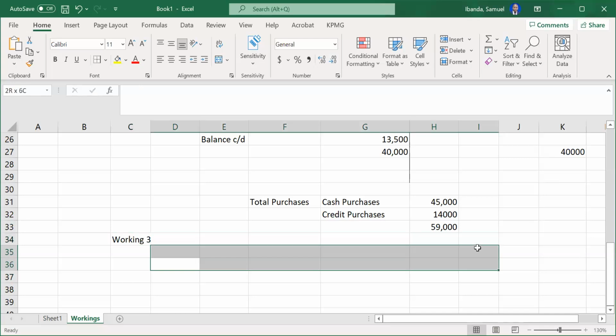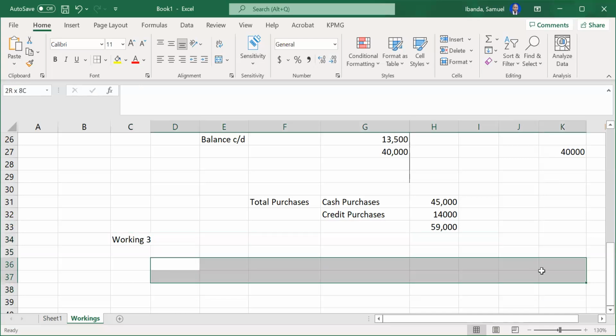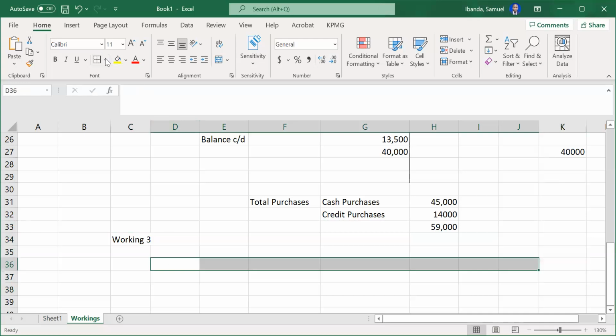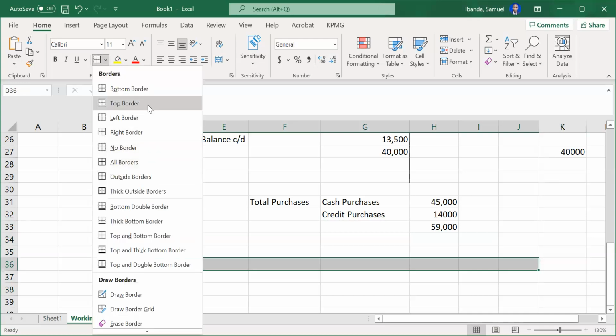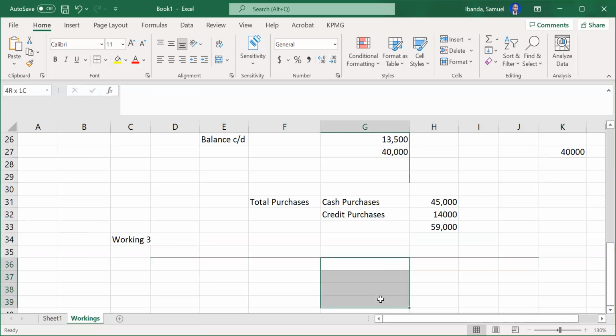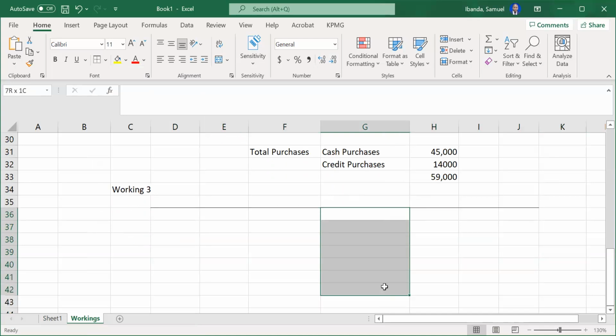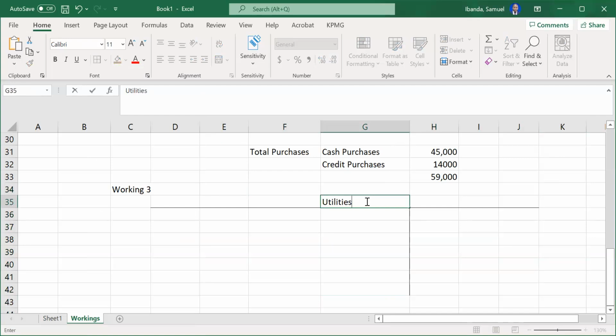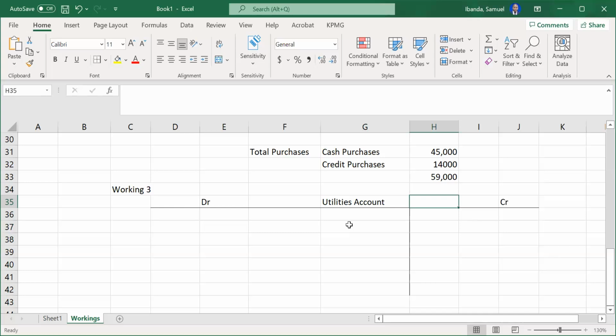Now, since I have many adjusting entries for utilities, I'll need to draw up a utilities account. Utilities account has a debit, has a credit. Now, look what I'm going to do.